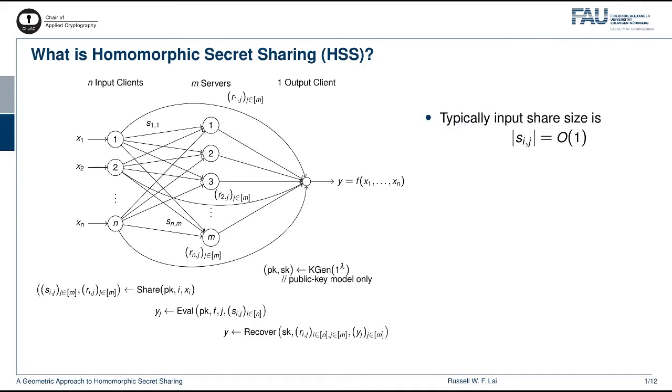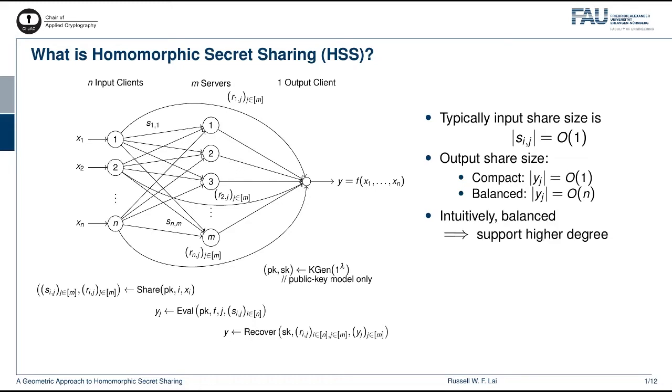For efficiency, we are mostly interested in the sizes of the input and output shares. Typically, an input share Sij is of constant size. On the other hand, an output share could either be of constant size, in which case we call the HSS scheme compact, or it is of size linear in the number of inputs n, in which case we call the HSS scheme balanced.